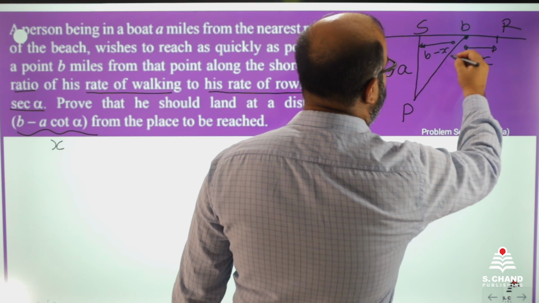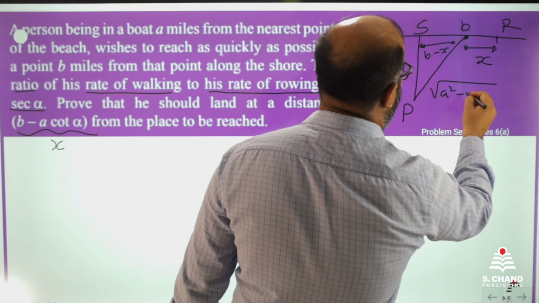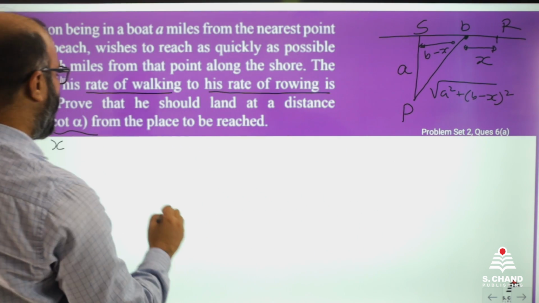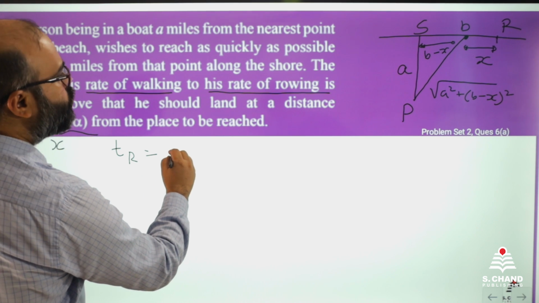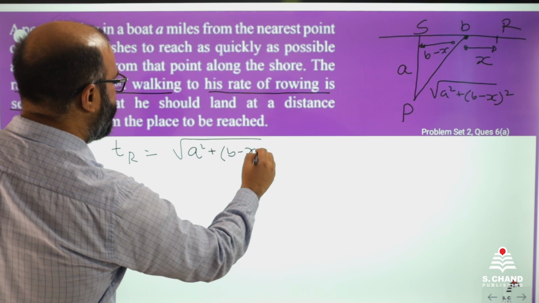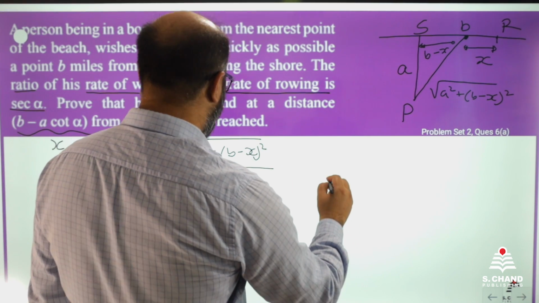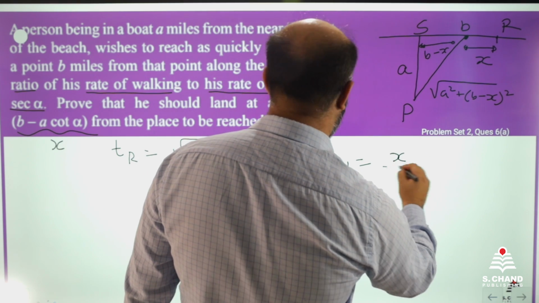So this part is the rowing part. So this distance is root over A square plus B minus x whole square. So time taken for rowing will be distance of rowing, which is root over A square plus B minus x whole square, by speed of rowing, which is V. And time taken for walking will be x by speed of walking.